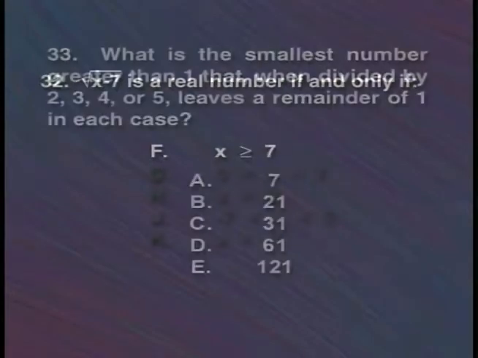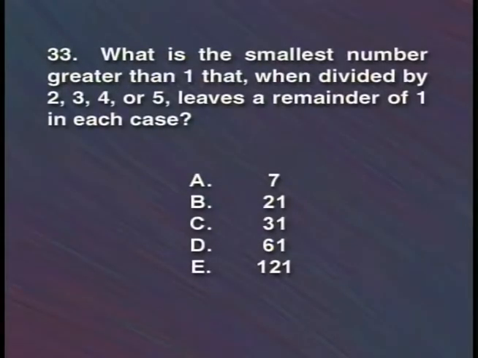Problem 33. What is the smallest number greater than 1 that, when divided by 2, 3, 4, or 5, leaves a remainder of 1 in each case? A remainder is the whole number left over in the process of long division.